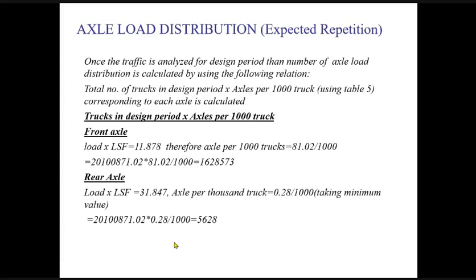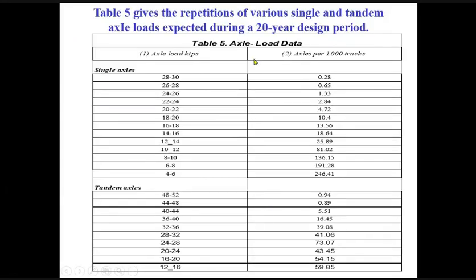Now, for that, we will find a suitable truck factor, and that is for 1000 trucks. We want to know where in my equation 81.02, or say 0.28 at the bottom, has come from. It has come from this table. This is a table that gives you the truck factors, or the load equivalence factors, on axles.